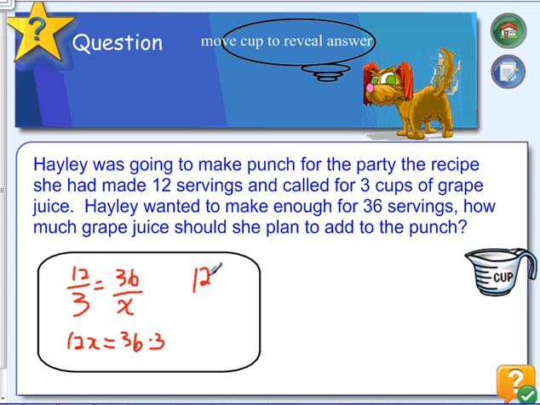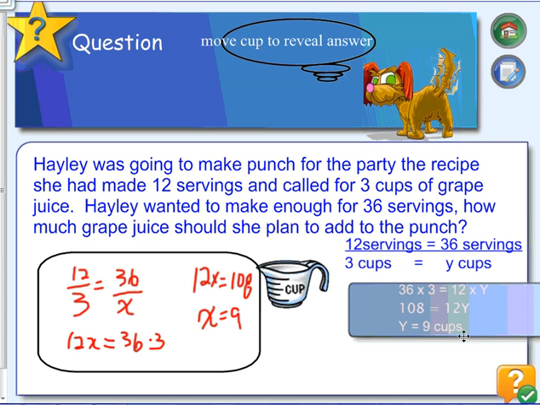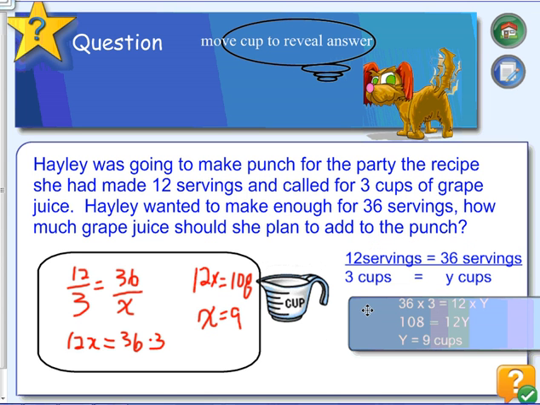I have 12x equals 108. Divide both sides by 12, and I'm going to figure out that x equals 9. So I'm going to need 9 cups of grape juice in order to make my 36 servings.